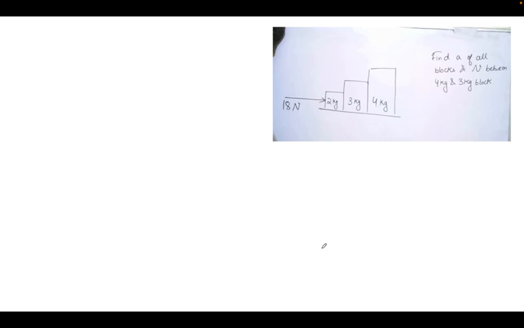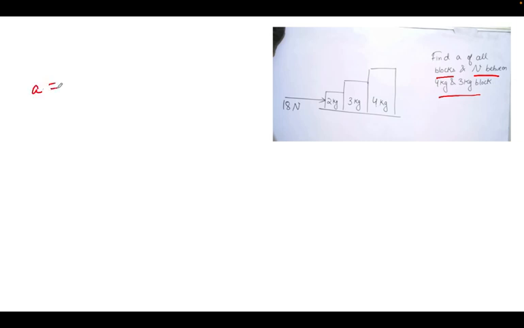So this is another set of forces, and we will find the magnitude of the contact forces. Here we have to find the acceleration of all blocks and the contact force between the 4 kg and 3 kg blocks.